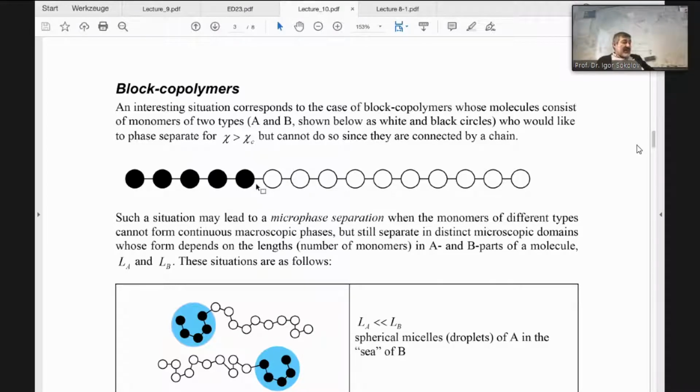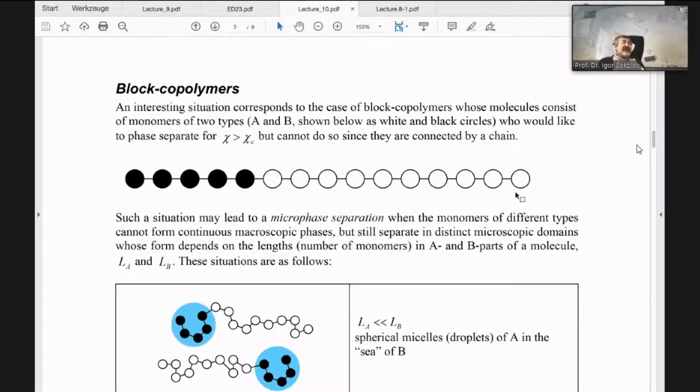Now, interesting is what happens if in such a polymer blend, the constituents would like to demix. Because it means that this A or B part would like to demix from this. But now they are not able to demix and to create separate phases because they are connected together.